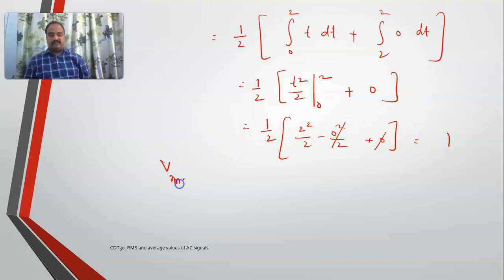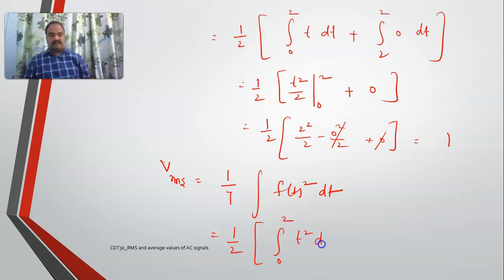If I go with the RMS value, it is the same, but the function will be squared. So from 0 to 2 it is t square instead of t, and from 2 to 2 it is 0 square. So it is the integral of t square dt from 0 to 2 plus 0 dt.